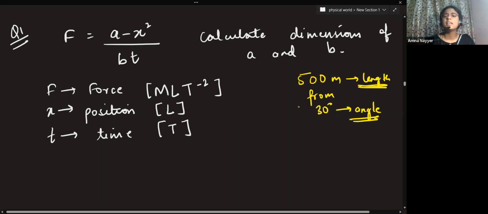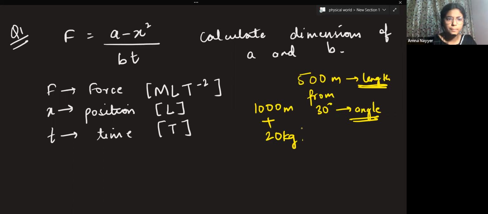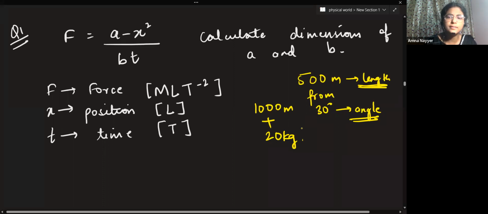If I say just add 1000 meters to 20 kgs, can you add 1000 meters to 20 kgs? Is it possible by any chance? Yes or no, class? No, ma'am.